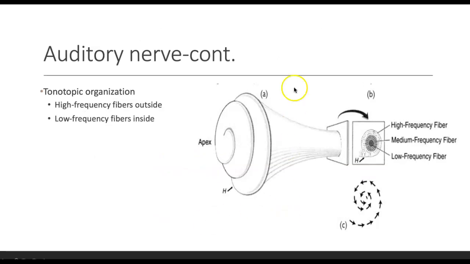The auditory nerve is tonotopically organized, meaning, remember, the cochlea is tonotopically organized, but so is the auditory nerve. Low frequency fibers on the inside, high frequency fibers on the outside. The reason why we see high frequency hearing loss when there is an insult or injury to the auditory nerve on the outside, let's say an acoustic tumor grows against the nerve right here: the high frequency fibers are on the outside, they're compressed, and so therefore they're affected first.